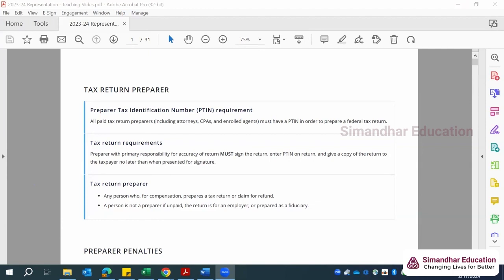And they will also appoint a fiduciary who will look after the functioning of the trust and make sure that the trust is operating for the benefit of the children. So someone who is appointed as a fiduciary is a person who is responsible to make sure that the trust operates as written in the agreement.